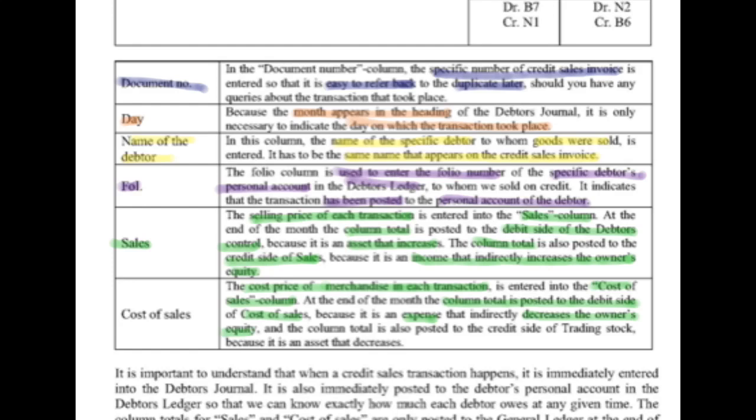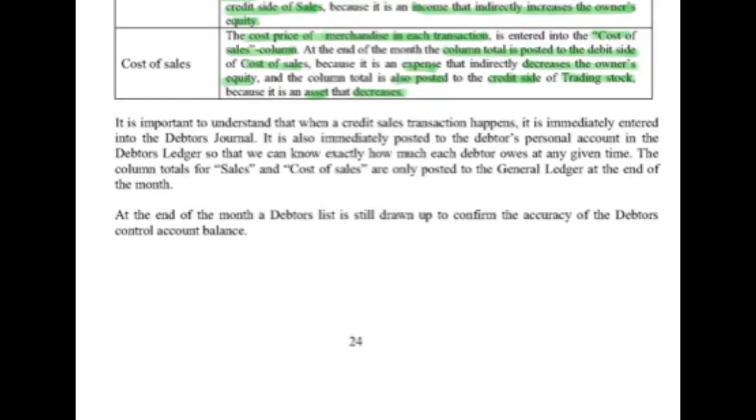The column total is also posted to the credit side of trading stock, because trading stock is an asset that needs to decrease.